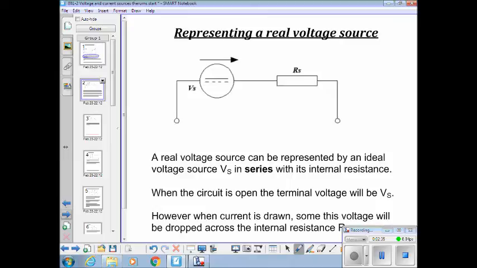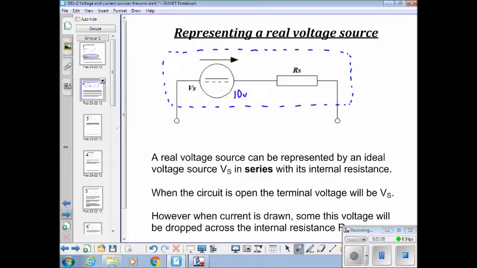So, if we want to represent a real voltage source, let's consider that this circuit is your typical 9-volt battery, or let's say it's a 10-volt battery. We can model that 10-volt battery by saying that's an ideal voltage source of 10 volts.